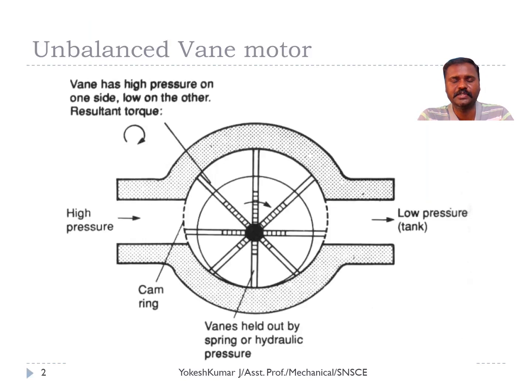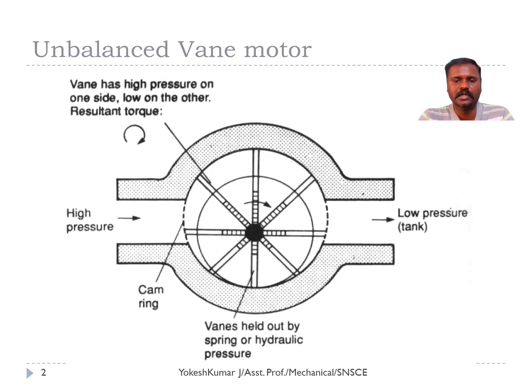Coming to the construction, it has an outer casing which acts as a security for the internal rotating components. Inside the casing, we have a cam ring, and inside the cam ring, we have vanes. These vanes may be spring-loaded vanes or hydraulically loaded vanes.